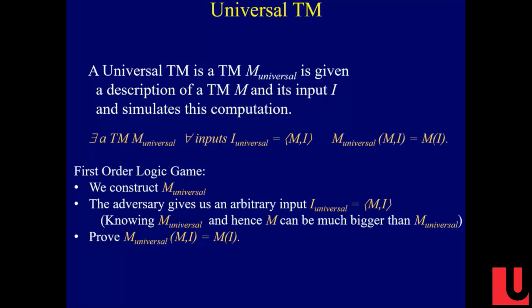One click for the description, one click for the input, and one click for the output. So problem P, let's say, is sorting. Everybody agrees that sorting is computable, right? Why is sorting computable? Because there exists a machine such that for all inputs, the output of the machine is the same as the output of the problem.